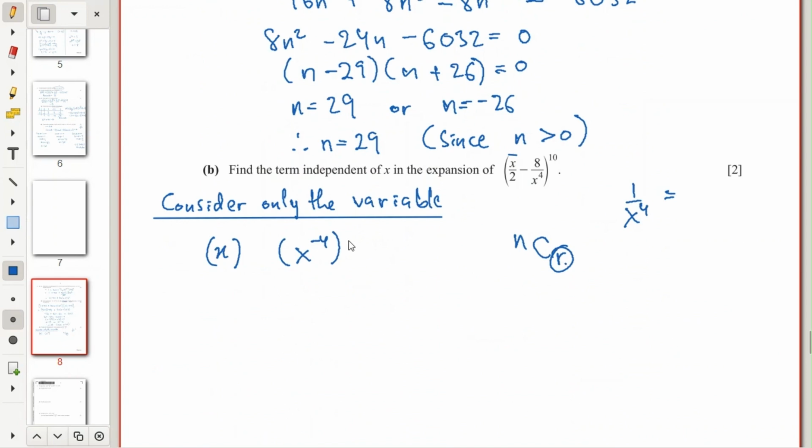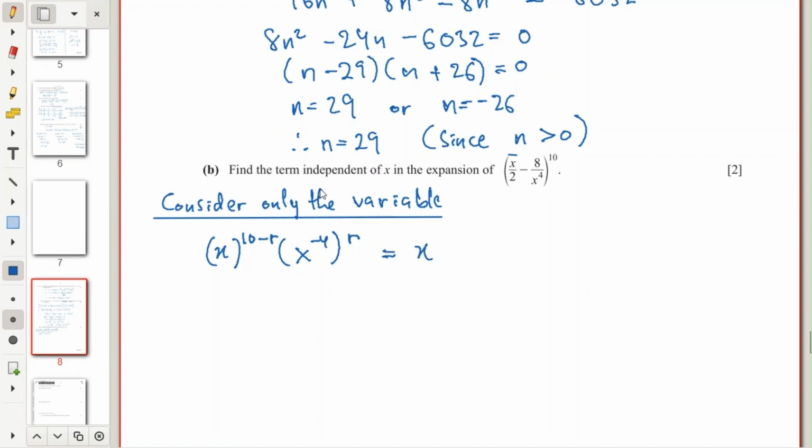This is the same as the power here. So here's r, the power here is the same as the value of r. Then this side is n minus r, where n is the power of your binomial. So it's going to be the same as 10 minus r.